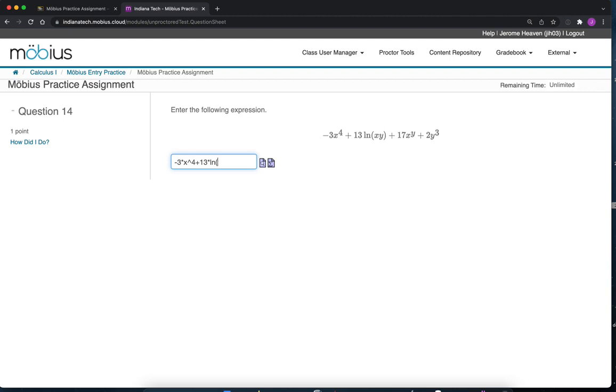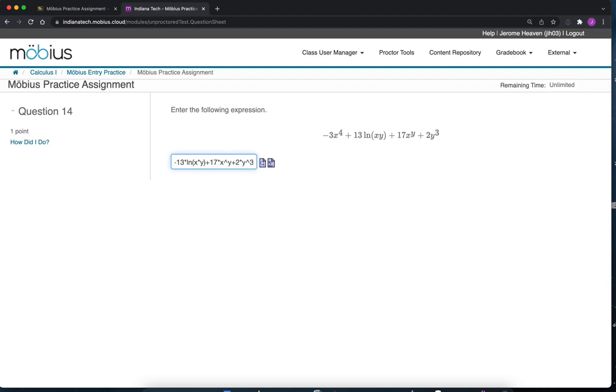Because xy is not a single variable. It represents the product of two variables. So I have to indicate the correct operation, right? It's x multiplied by y. So I'd have to do that and then close parentheses and then do plus 17 times. And now I have x to the y. So x to the y. And then finally plus 2 times y to the 3rd power.